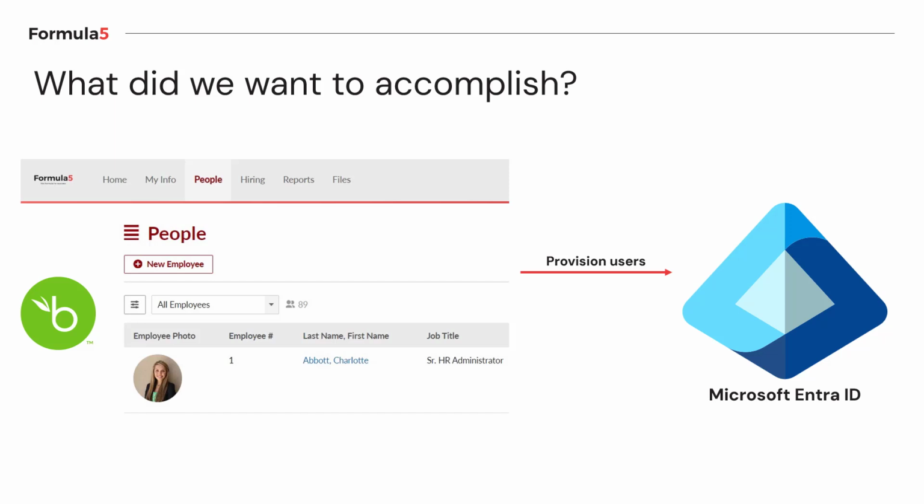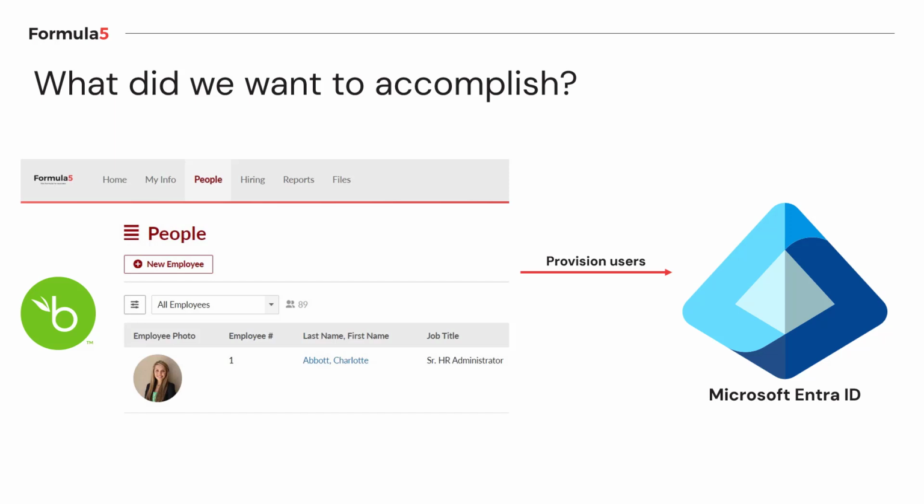However, as in many organizations, we also have Microsoft Entra ID, which is an identity provider, and we use it to secure access to many corporate resources. So the goal in this solution was to automatically provision user accounts, employee accounts, in Microsoft Entra ID once those accounts are added in the BambooHR system.